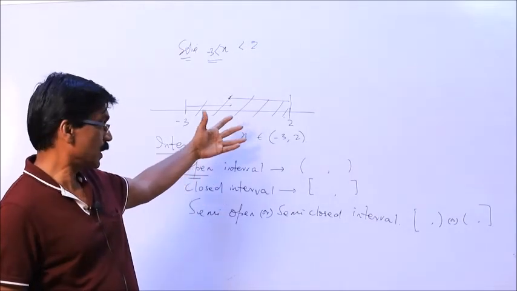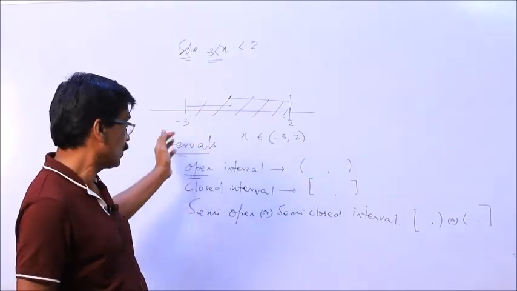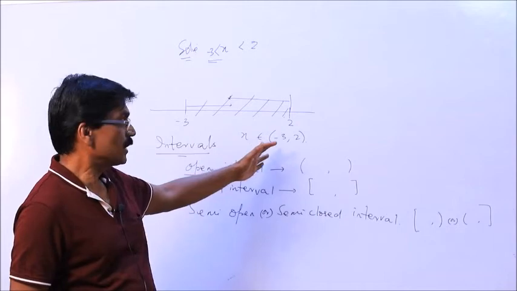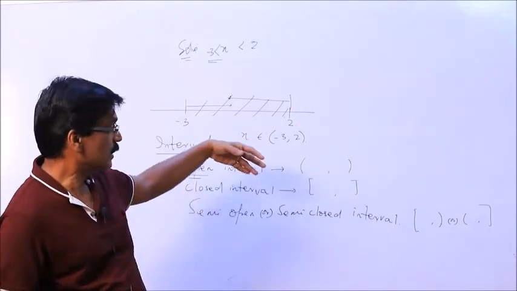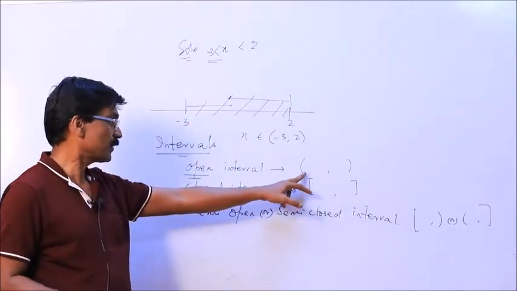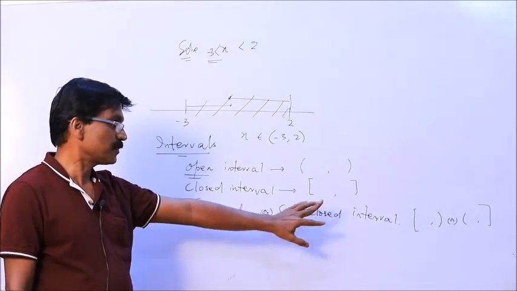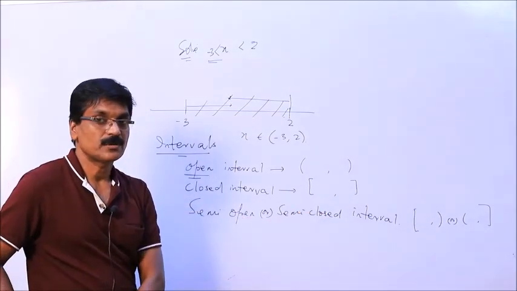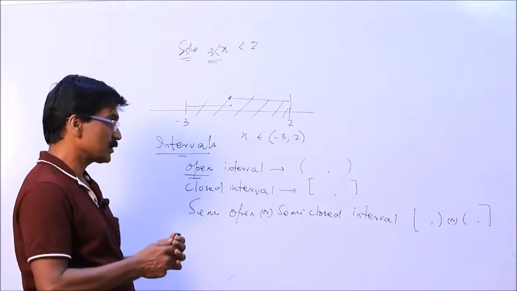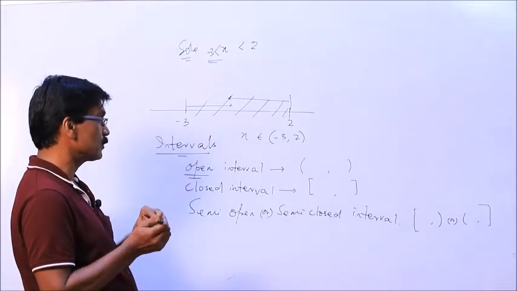If it is 1 dimension, that is on a straight line, we can express the inequality in form of interval, that is either an open interval or a closed interval or a semi open or semi closed interval. So, what is a semi open, semi closed interval?